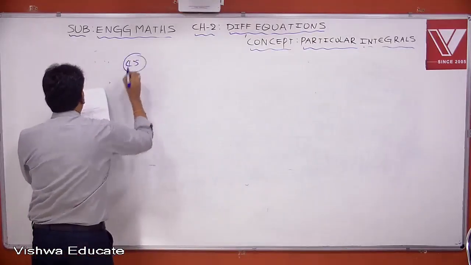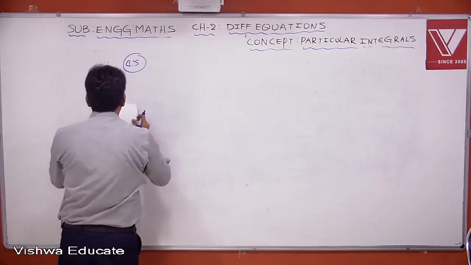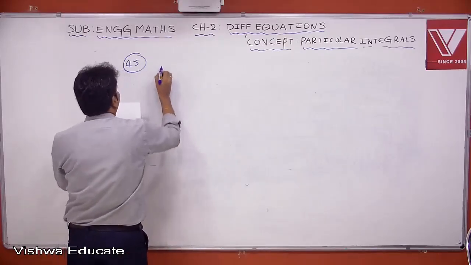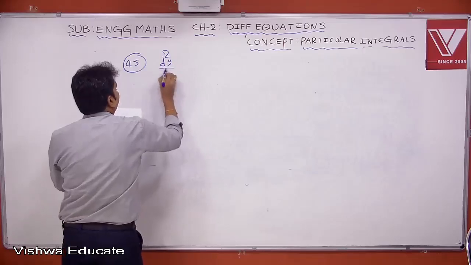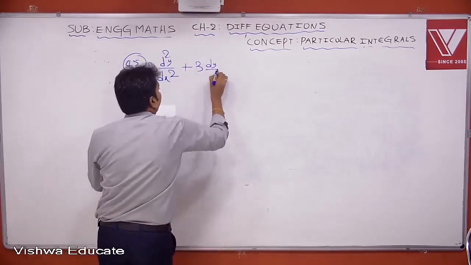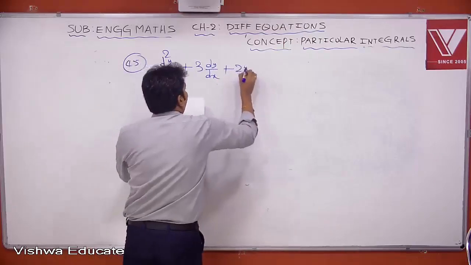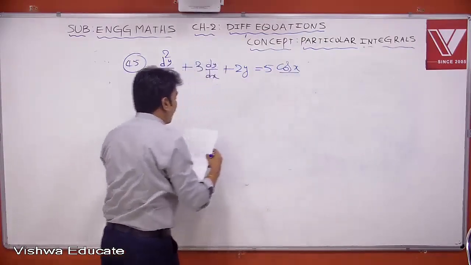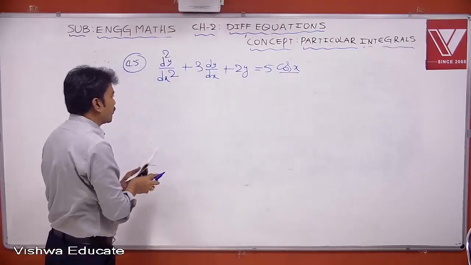What they asked is the particular solution, which here means the particular integral, of d square y by dx square plus 3 dy by dx plus 2y equals 5 cos x. So on the right side we have a function in terms of cos.